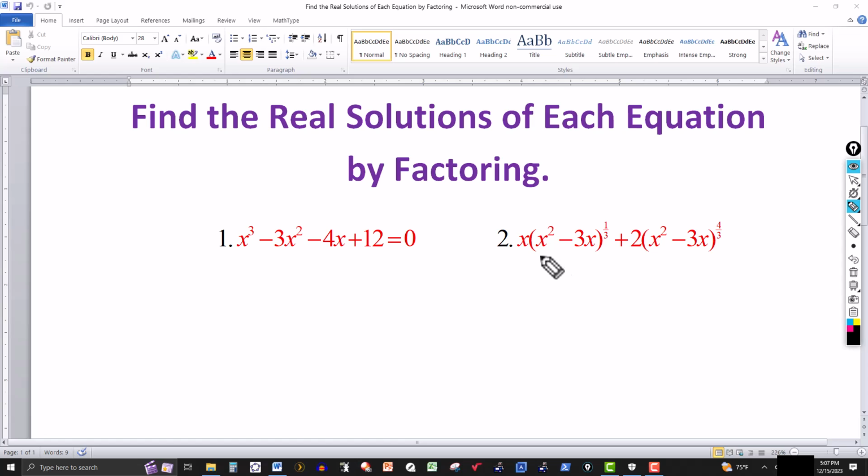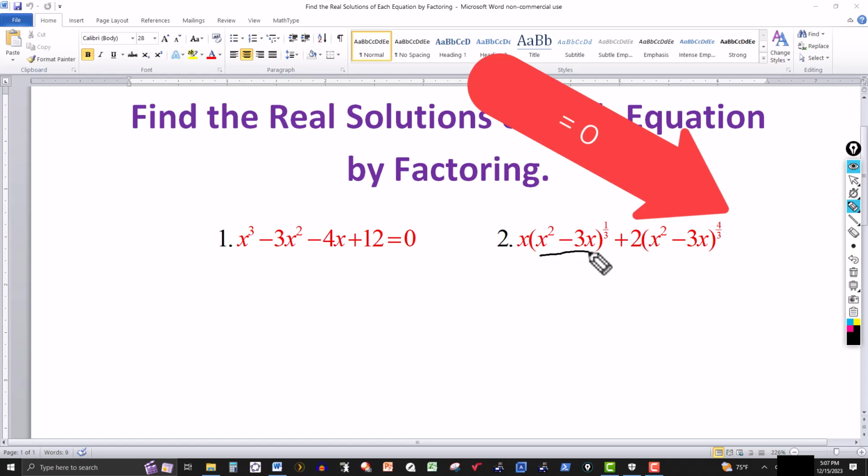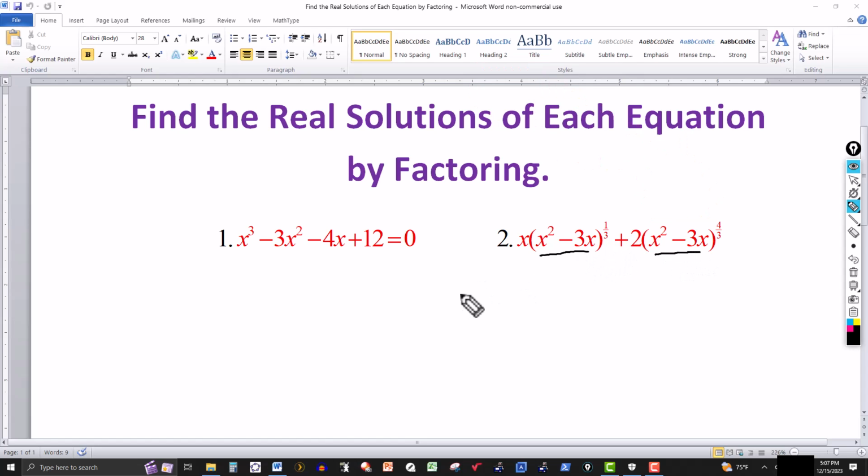Now for the next one, we have 1/3 power and 4/3 power. So this is not a polynomial equation here. But you can see that we have an x squared minus 3x there, and an x squared minus 3x here. So we have a common factor we can bring out. The one that's more convenient to take out is the 1/3 power. So what do we have left then?